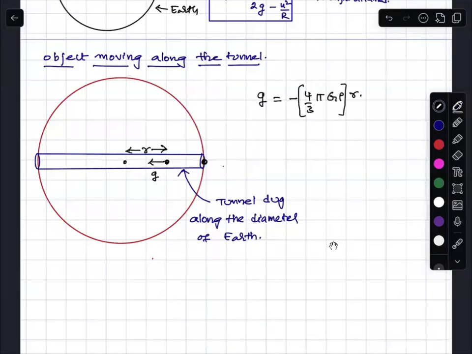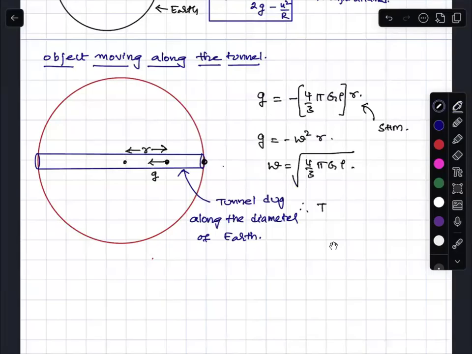Remember, acceleration is proportional to displacement. Then what is this condition called? Yes, this is the condition for SHM. So therefore, you can represent this as minus omega square r, and the omega term represents 4 by 3 pi G rho.